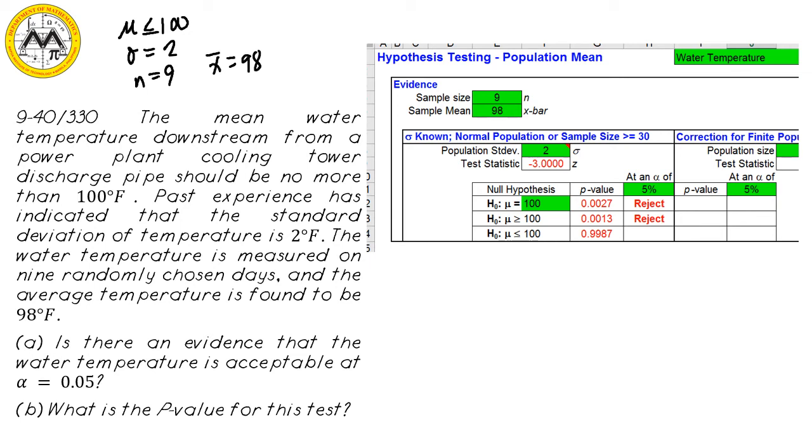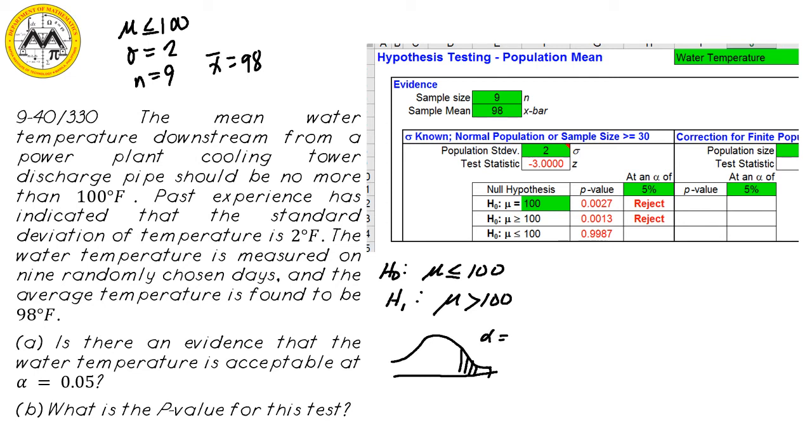Is there evidence that the water temperature is acceptable at alpha 0.05? The null hypothesis is acceptable, when the mean is less than or equal to 100. The alternative is that the mean is not acceptable, so greater than 100, to the right. If alpha is 0.05, the critical value is 1.645 located to the right.